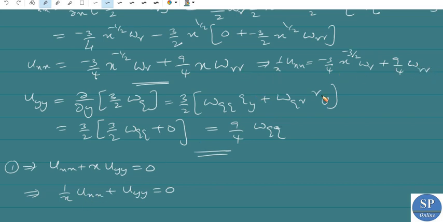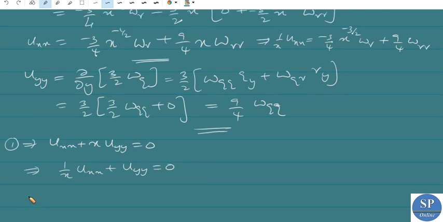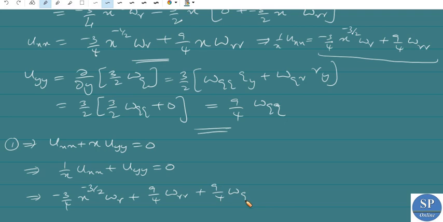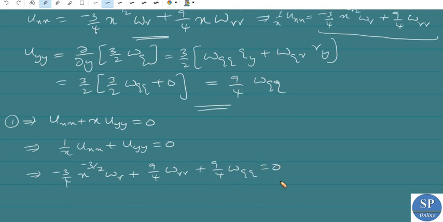So 1 by x into u_xx is this, so replacing that we get minus 3 by 4 x power minus 3 by 2 into w_r plus 9 by 4 into w_rr plus the u_yy, which is 9 by 4 into w_qq, equal to 0. Okay.